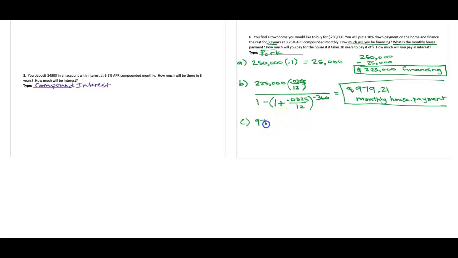Take that monthly payment, that $979.21, and times it by however many payments we're going to be making in 30 years, right? And that's going to be 360 because we have 30 years, but a payment every month, right? So times that by 360.